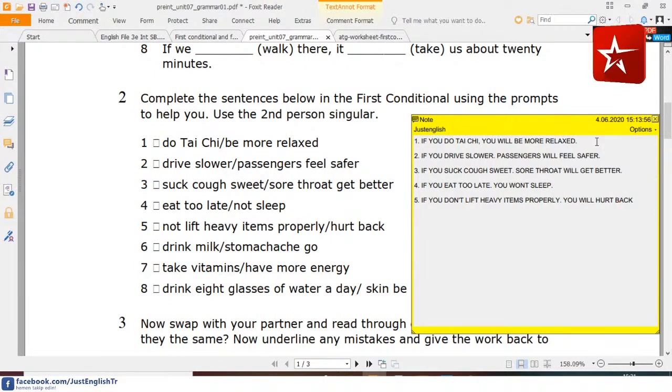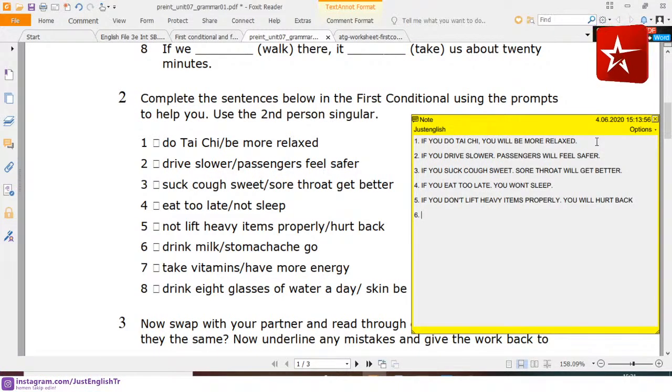Yes, number 5 is like this. And number 6: drink milk, stomach ache, go. So if you don't lift heavy things properly, you will hurt your back. That is the correct answer.